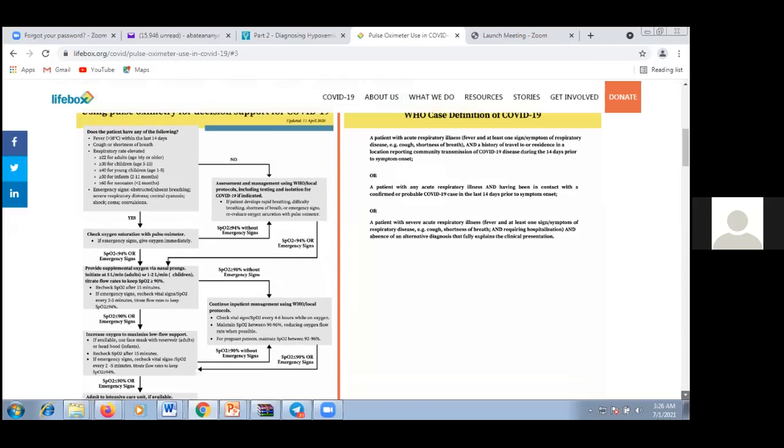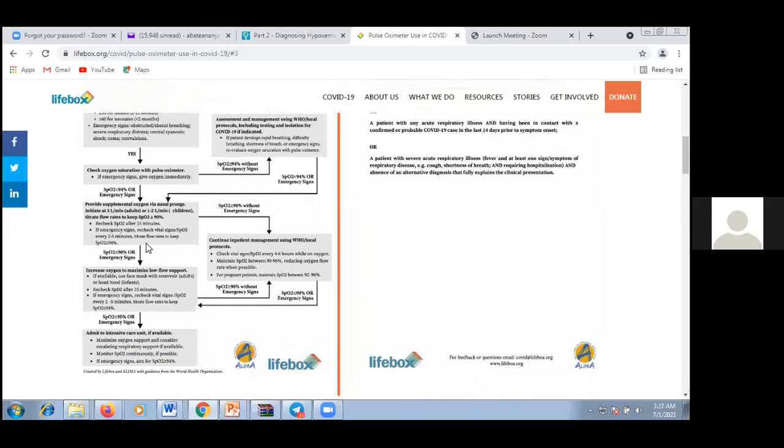And you have to continuously ask patients and see the response. If the patient is not responding, then you right away increase or titrate up your flow or change the oxygen delivery device. But if the saturation is okay, then you need to recheck after 15 minutes, okay? We are in a resource limited setting and Pulsox might not be readily available.